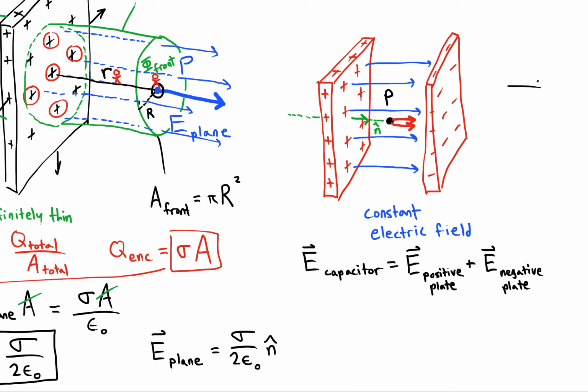I'll let to the right be the positive x direction. We'll have a surface charge that's positive on the left plate, and there'll be a negative surface charge for the right plate, but let's say that they're equal and opposite.